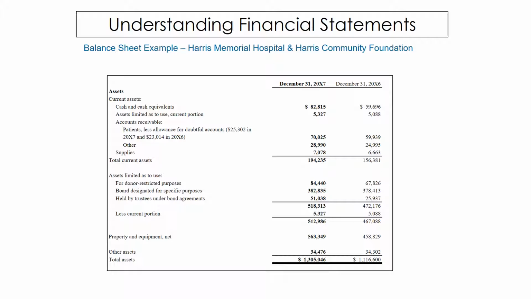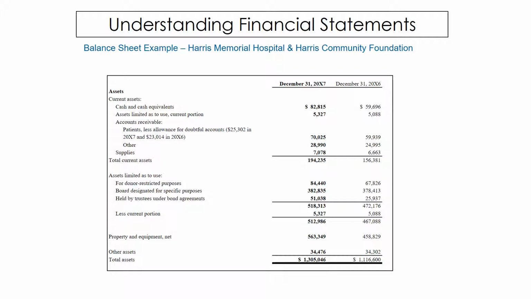And then on their asset side, they have assets that are held by trustees under bond agreements of $51,000. And then they have that less the current portion, which is up here because it's just easier for them to report it like that. So they have $513,000 in assets that are limited to use.